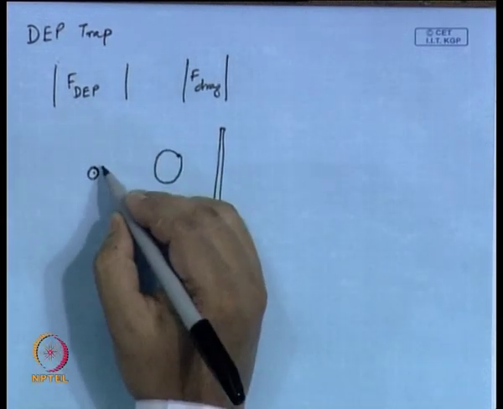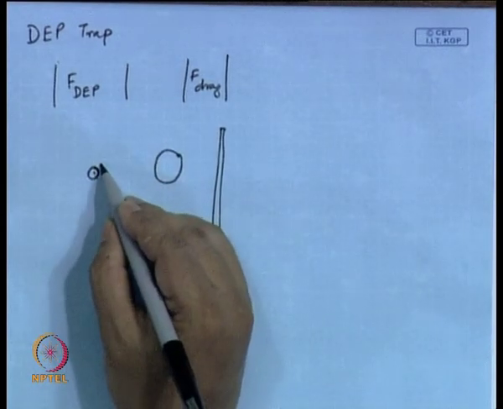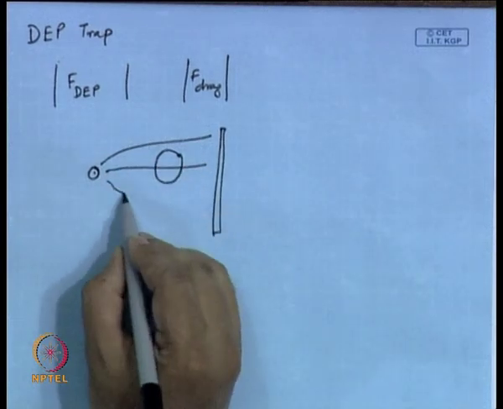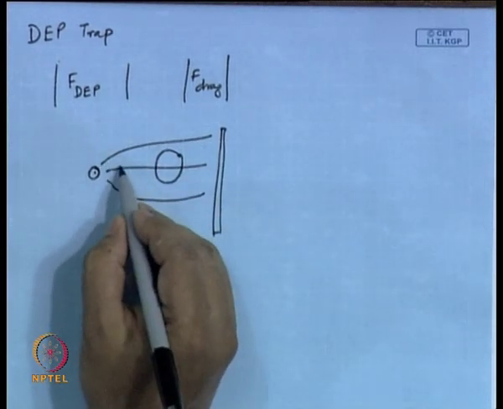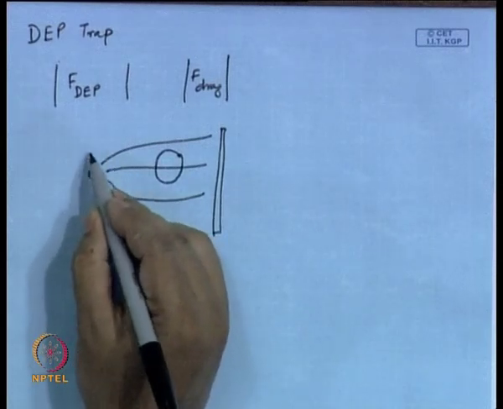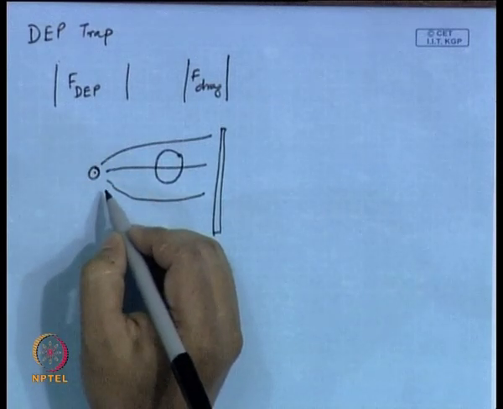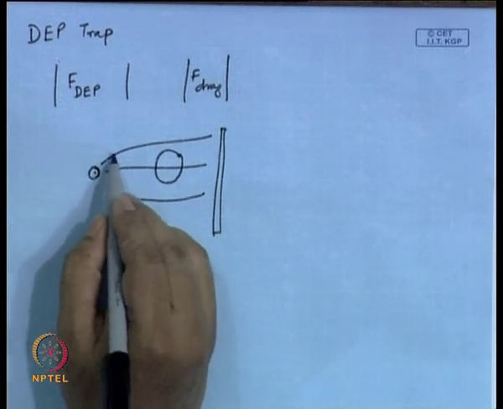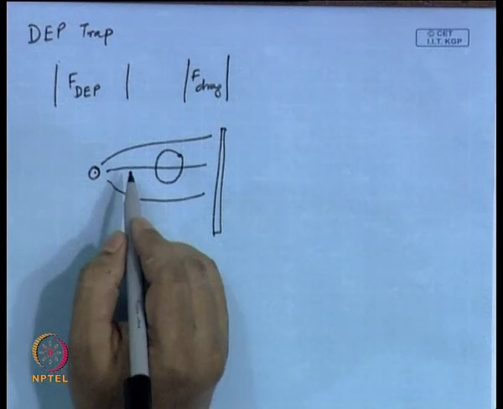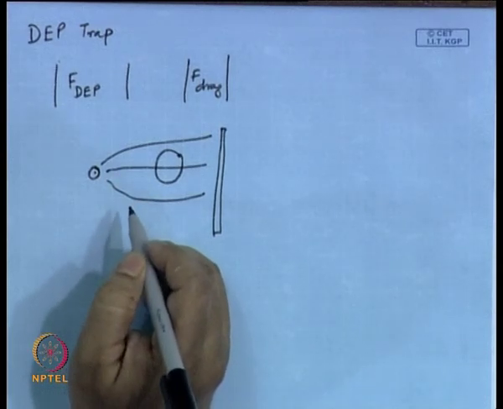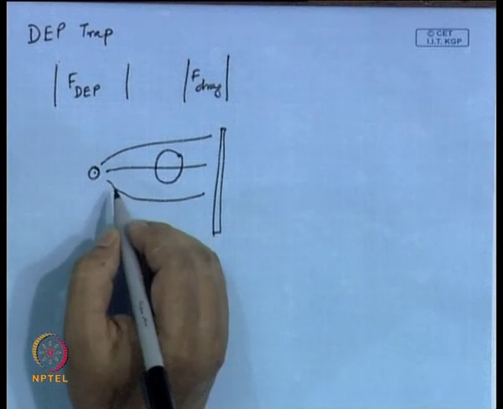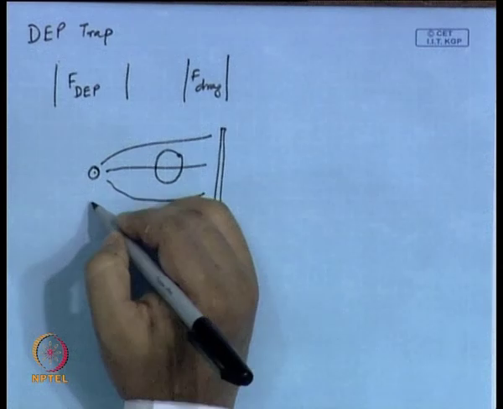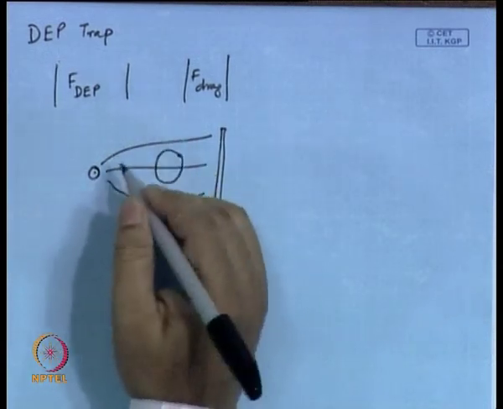Since this is a non-uniform electric field, there are field lines traversing like this, and there is a concentration of these field lines here. This place has the highest density of electric field lines, so you are expecting that the electric field is stronger in this region.